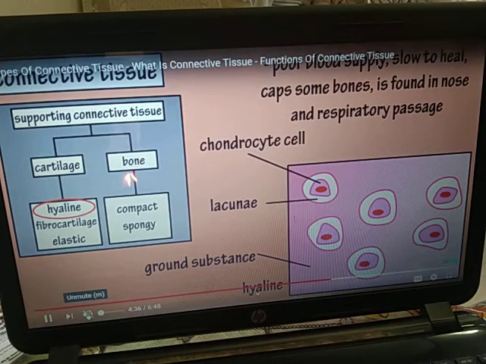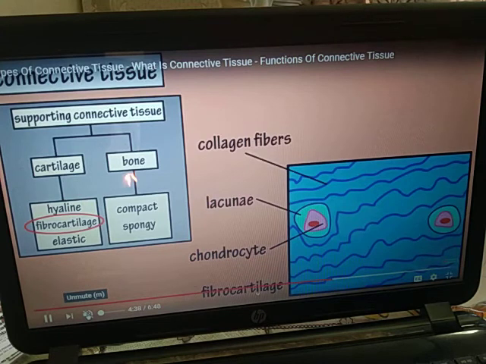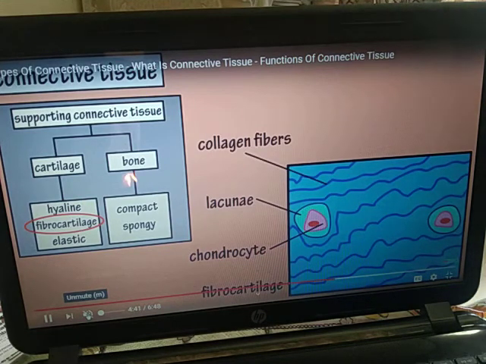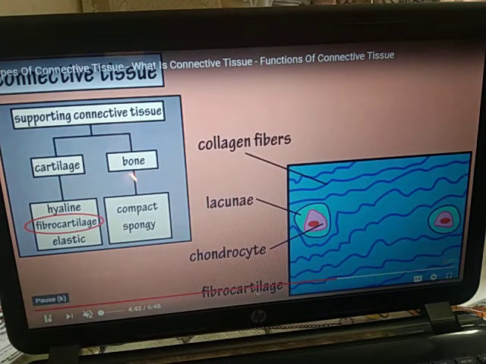Now in case of cartilage, what happens is that it is a connective tissue in which the cells are widely spaced, and the solid matrix is composed of protein and sugar.